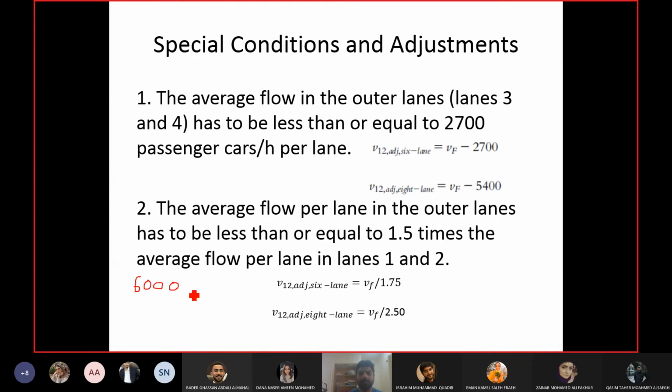Okay, you calculated the flow in the two adjacent lanes, and it comes out to be, let's say, 3,000. So per lane will be what? 1,500, right?